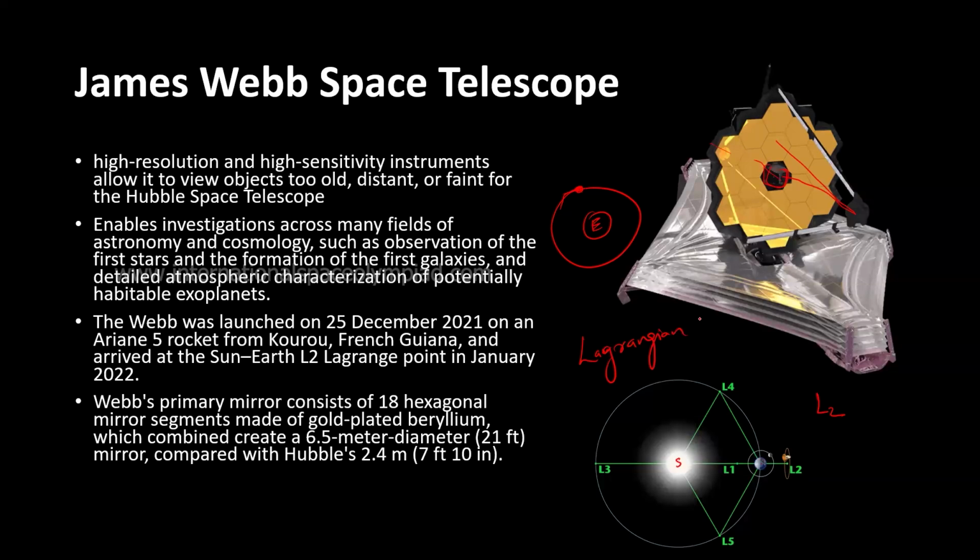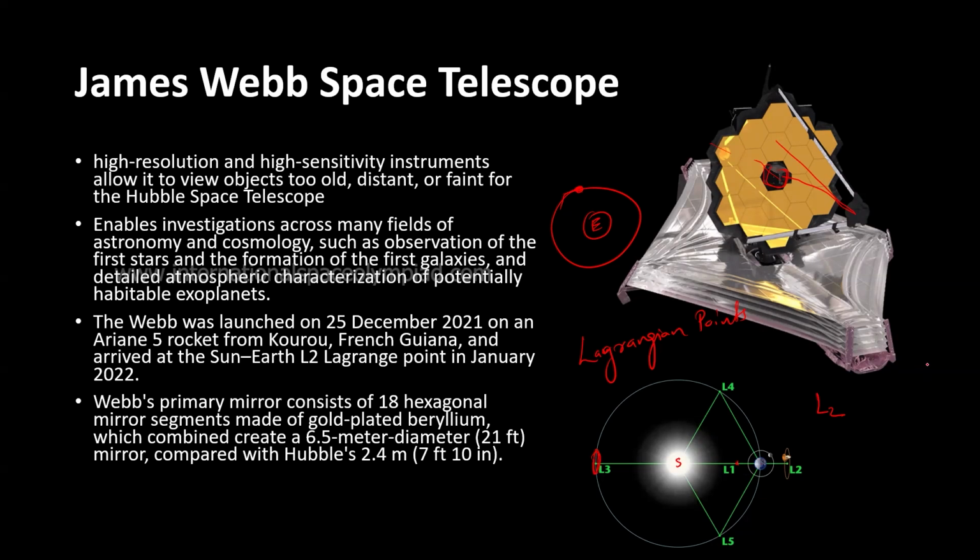There are 5 Lagrangian points: L1, L2, L3, L4, and L5. These points are called equilibrium points. The idea is that around an equilibrium point, we can orbit telescopes or other things. It will act like an attracting point.